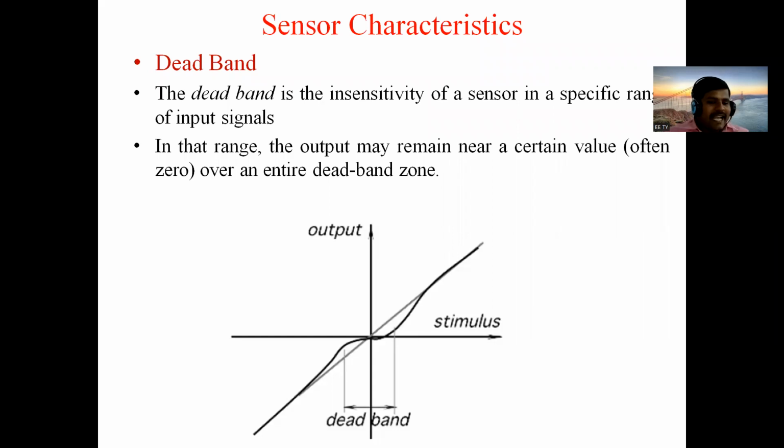See here in this diagram, for this specific range, from this point to this point, the output obtained from the sensor is near about 0. The sensor will not produce an output signal for this specific input stimuli, that means it is 0.